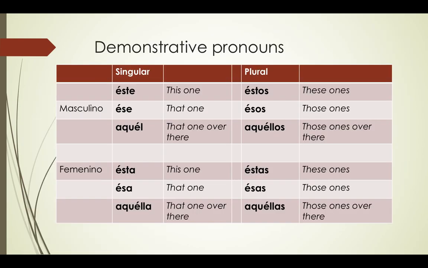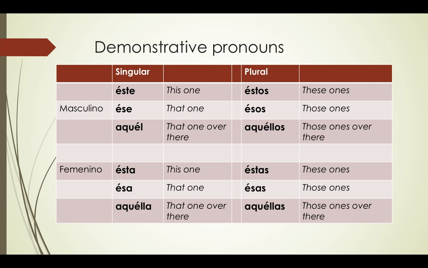Now the demonstrative pronouns, as you can see, este, ese, aquel, estos, esos, aquellos, estas, esas, aquellas, y esta, esa, aquella, all have an accent. And they substitute the noun. So instead of saying este zapato, you would say este.